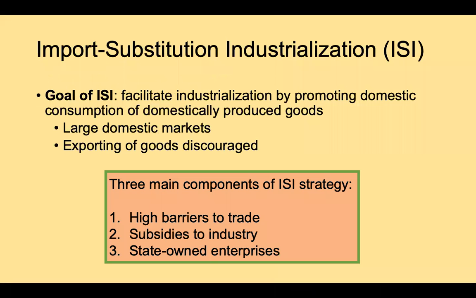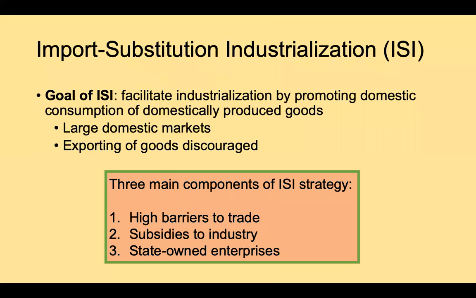And so the goal of ISI, given this intellectual case for unplugging, is to facilitate industrialization by promoting domestic consumption of domestically produced goods. The Latin American countries had really two focuses.